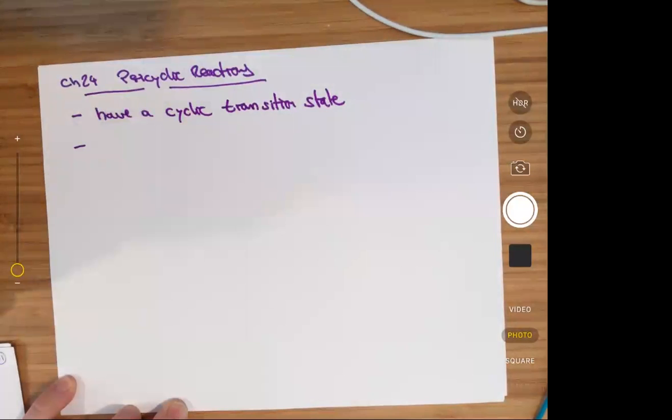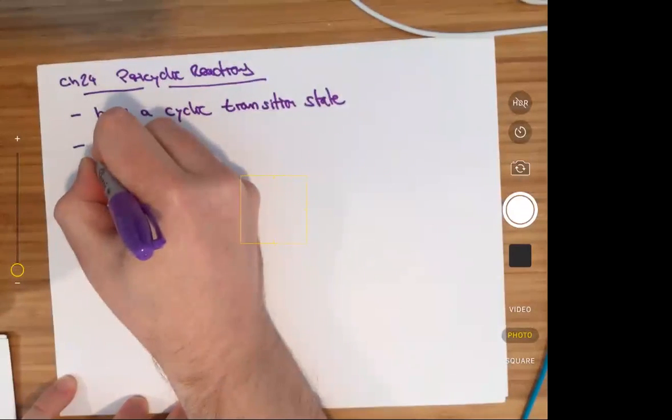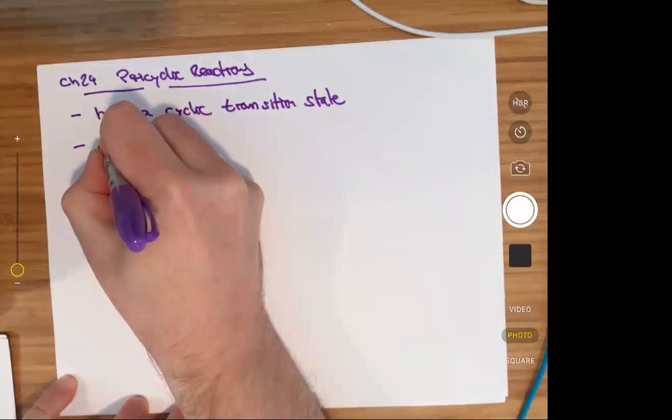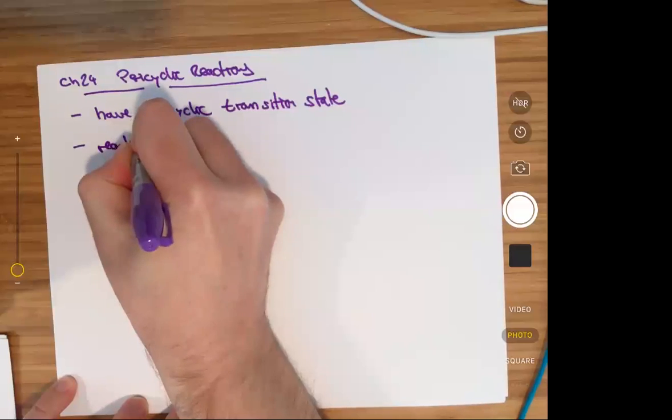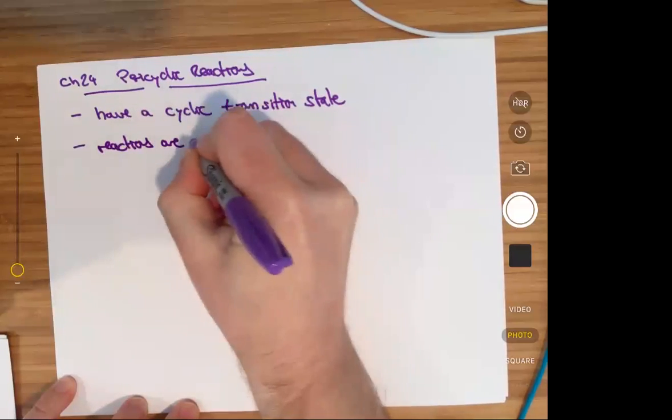That means that the electrons involved in this reaction break bonds and form bonds essentially simultaneously. So it's not a stepwise process, but a process where bonds are formed and broken more or less at the same rate. These reactions are concerted.